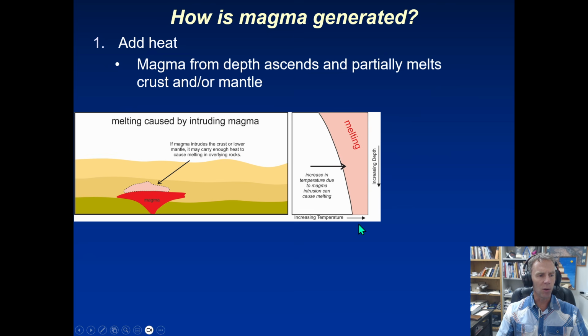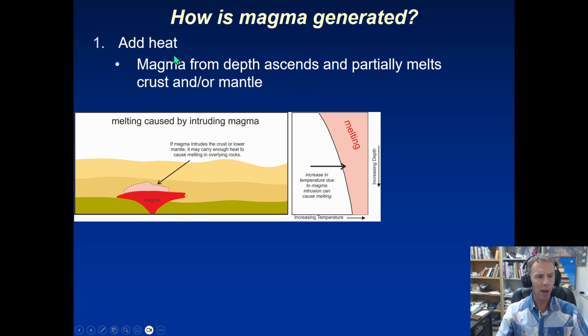So let's look at how Earth generates magmas. What are some of the processes whereby magma is generated in the Earth? A lot of these diagrams have a nice little graph that goes along with them. The first way to create magma within the Earth is probably the simplest and most intuitive: just add heat.